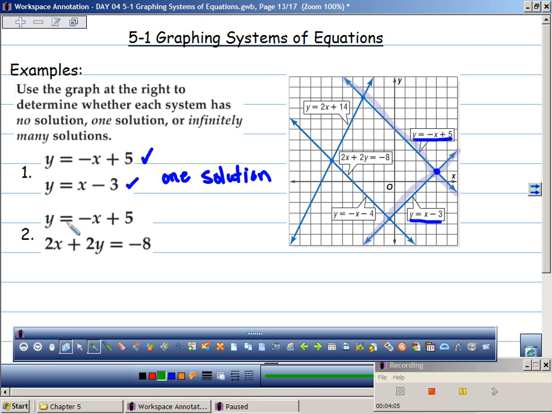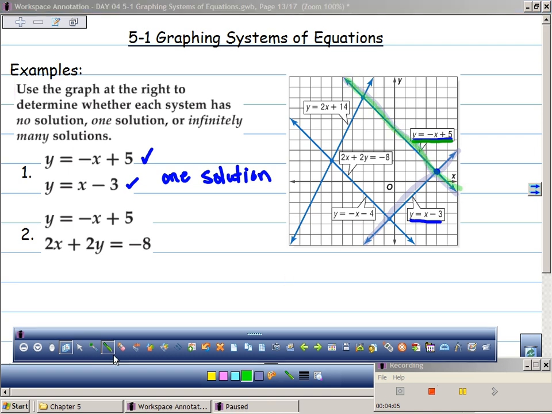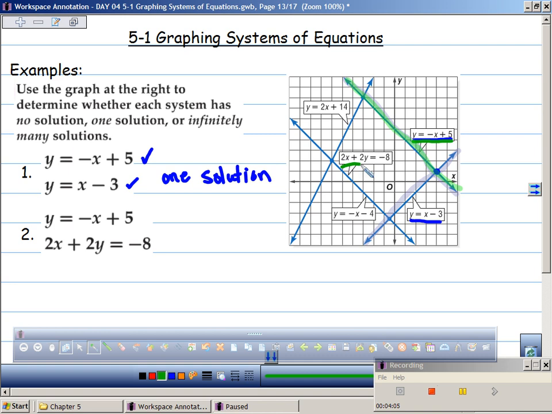Change my color. y equals negative x plus 5. Where is negative x plus 5? Right here. Highlight that with green because we're concentrating on it with green now. And 2x plus 2y equals negative 8. That one's right here.